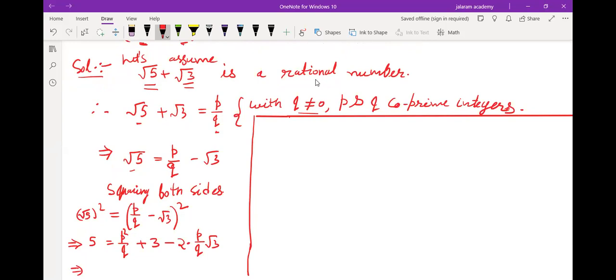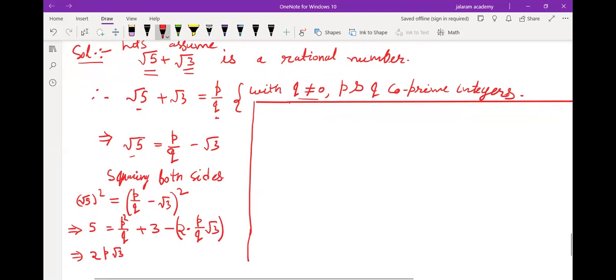So first we transfer this term, which has an irrational number root 3, to the same side. So it is 2p root 3 by q, which is equal to p square by q square plus 3 minus 5.